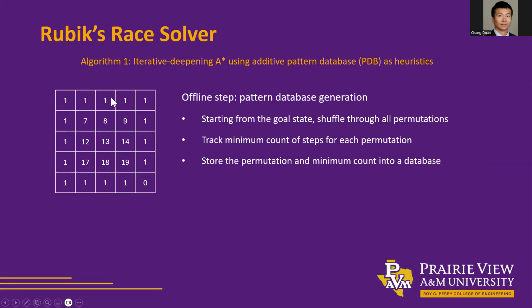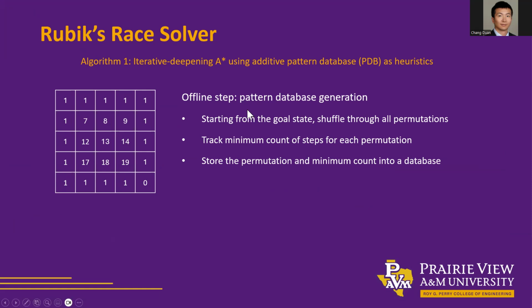All the other tiles are assigned number 1, and 0 represents the empty space. So that is the goal state of this algorithm.